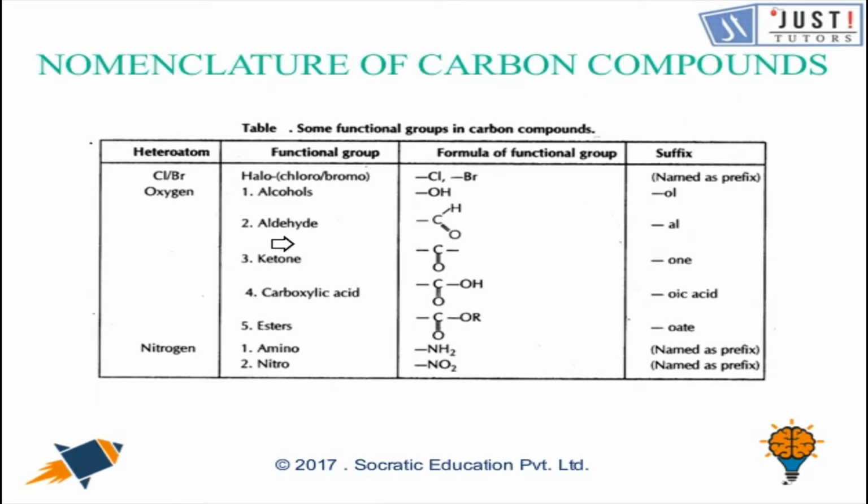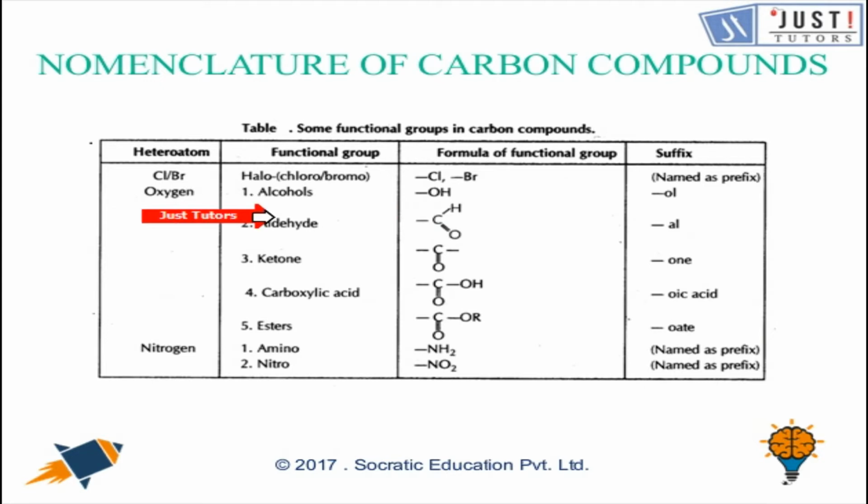Now let's discuss more about it. For different functional groups, we have different formulas and different suffixes. For example, if we have halo groups, we use Cl or Br, chlorine or bromine. In that case, we use a prefix. If we have this with methane, we say chloromethane or bromomethane.